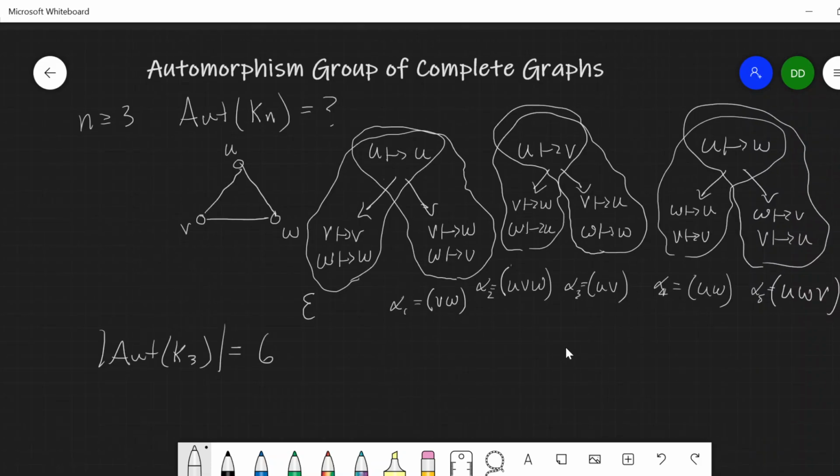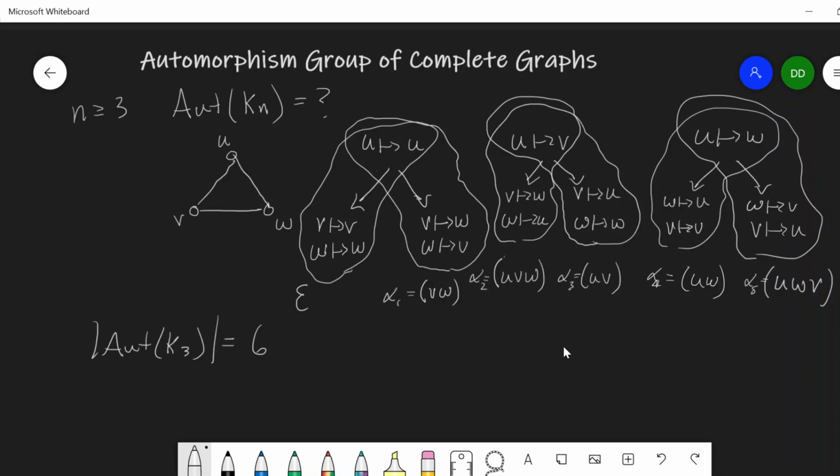And so, you may or may not have had some group theory courses. Do you recognize this group? One thing to notice here is that the vertex set of G is U, V, W. My cycle presentations here are every possible permutation of these 3 vertices.